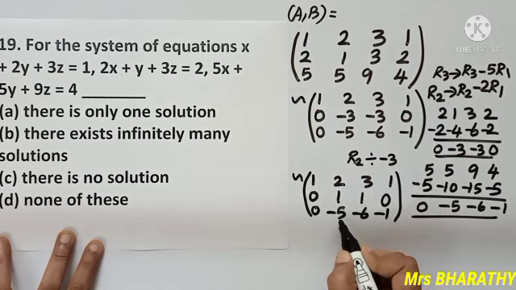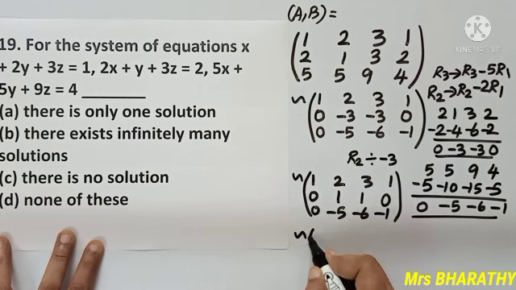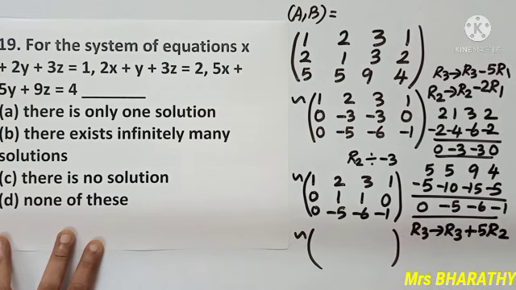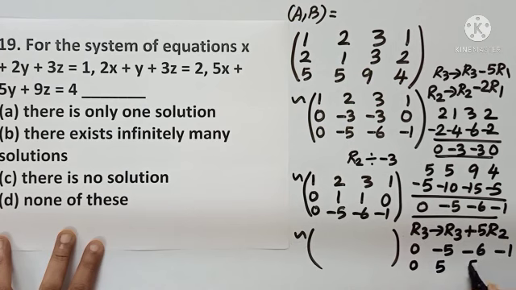Now, to bring about 0 here, multiply R2 by 5 and then add it. So R3 becomes R3 plus 5R2. R3 is 0, minus 5, minus 6, minus 1. 5R2 is 0, 5, 5, 0.